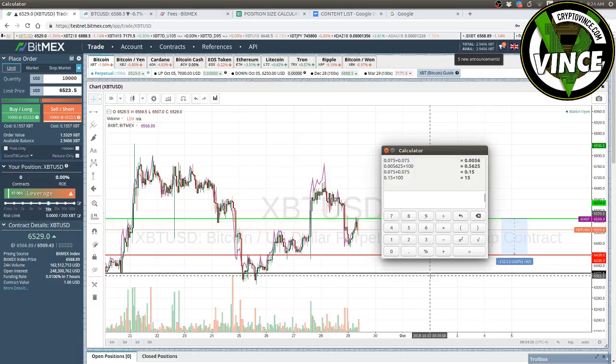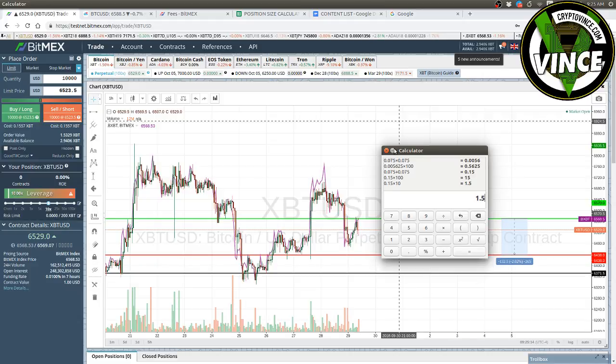Because that 0.15, if I want to go 10 times leverage, it will get reduced to 1.5%. So in that case, that's way less than 15%. So if I'm going 10 times leverage, that's how much I'm gonna pay.